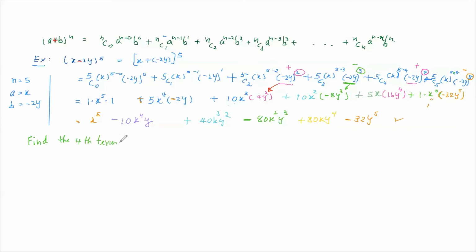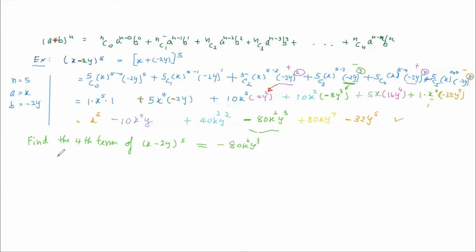I use the same example. If the question asks you to find the 4th term of this expression, x minus 2y, the whole thing to the power 5, you just count from here: 1, 2, 3, 4. So the answer is this one, equal to negative 80 x squared y cubed.